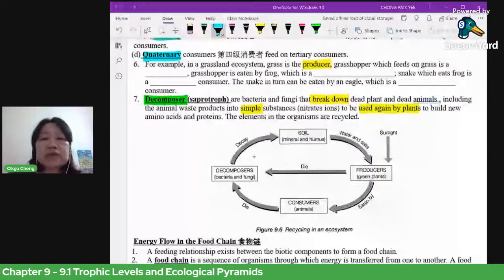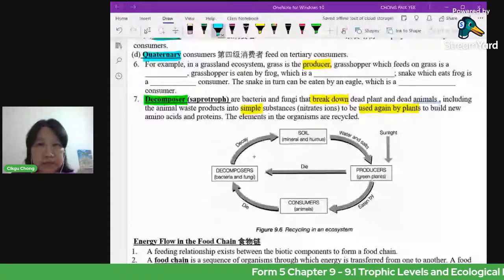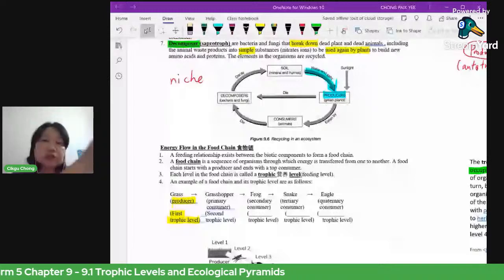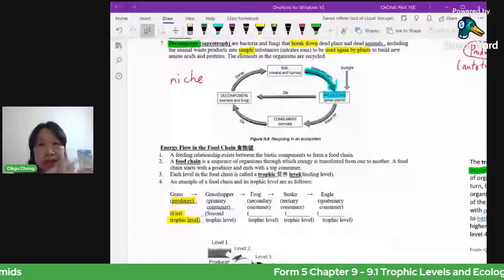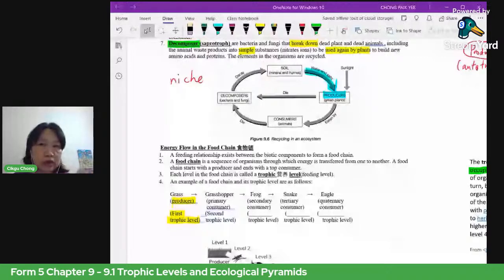Okay, so now we're going to talk about energy flow. When we eat an organism, what happens? We are taking in the protein. We eat chicken meat. Okay, in the chicken meat, the flesh, the muscle, there is protein. There is amino acid which makes the protein. And whatever energy that's stored, it can be rice, it can be protein, it can be muscles, anything. When we put it in our body, we get energy from that.